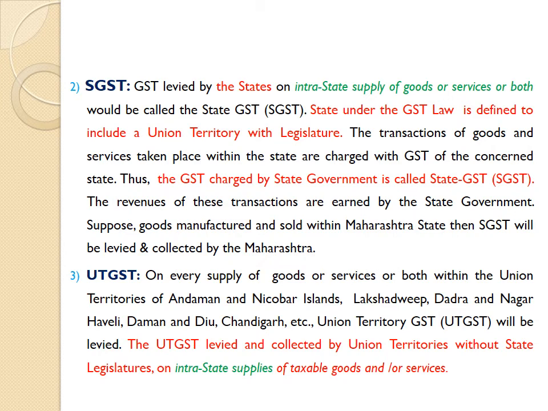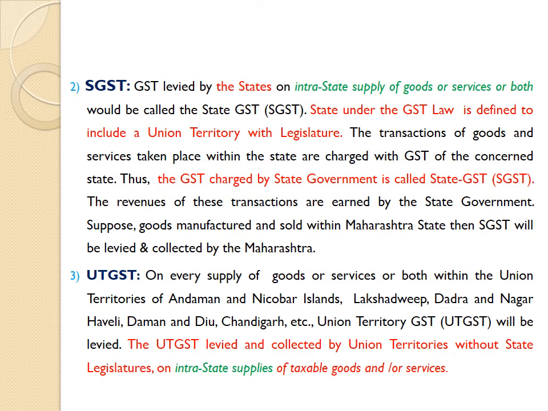UTGST means Union Territory GST. On every supply of goods or services or both within the Union Territories of Andaman and Nicobar Islands, Lakshadweep, Dadra, Nagar Haveli, Daman and Diu, Chandigarh, etc., Union Territory GST will be levied.